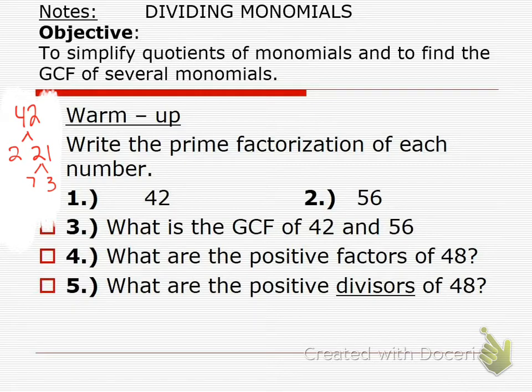Okay, just as a refresher, what number never goes on our factor trees? A 1 never goes on our factor trees. We stop when we have prime numbers. So 2, 7, and 3 are all prime numbers, so we know we can stop.